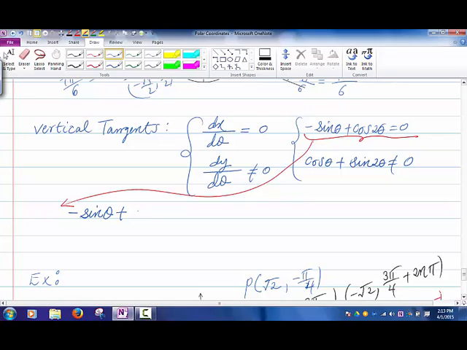No. Cosine 2 theta is 1 minus 2 sine squared of theta. That's cosine 2 theta. Okay?